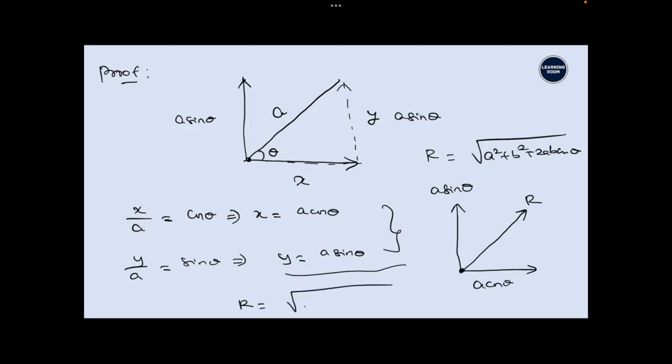Root of A square cos square theta plus A square sin square theta plus 2AB cos of the angle. How much is the angle between A cos theta and A sin theta? 90. So cos 90 is going to be 0. So root of A square cos square theta plus A square sin square theta, root of A square, which is A. This means that if you already know the resultant vector, you are trying to find the two vectors it is the resultant of, which are A cos theta and A sin theta.